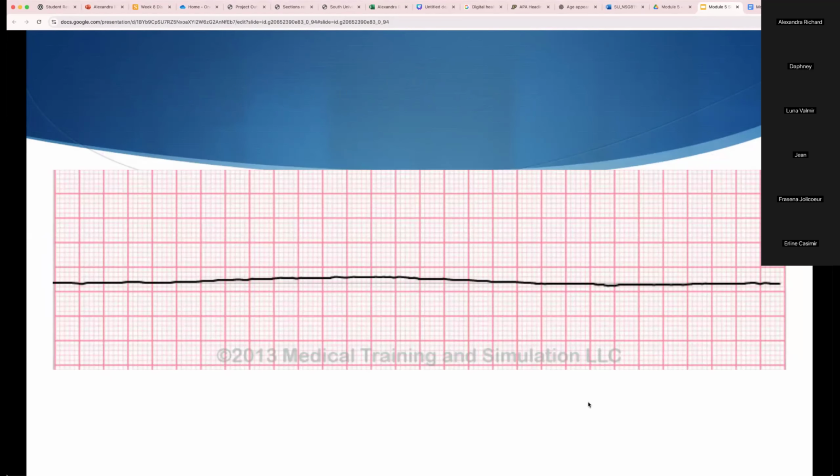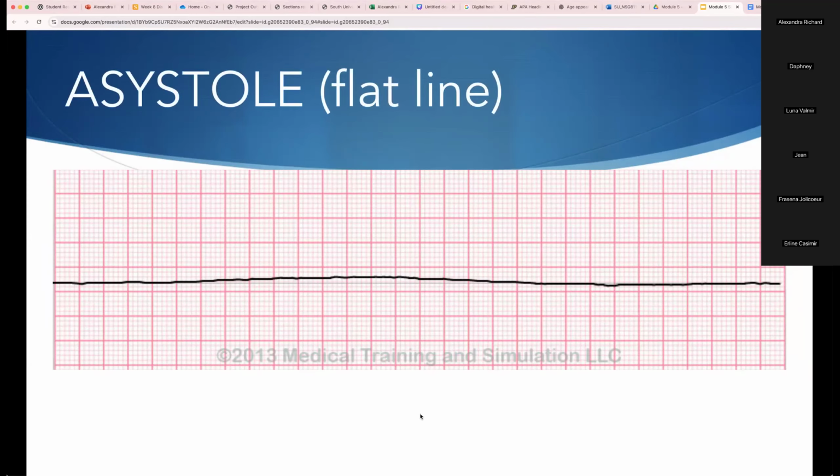It works. Okay, is this a sinus rhythm? Very good. And what is this rhythm called? Asystole. Very good. What is the treatment for this patient?